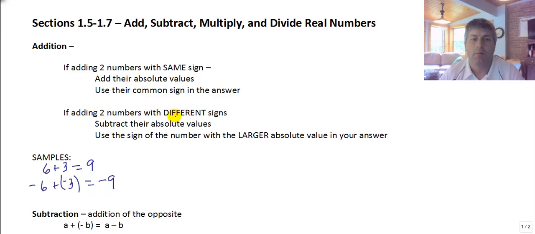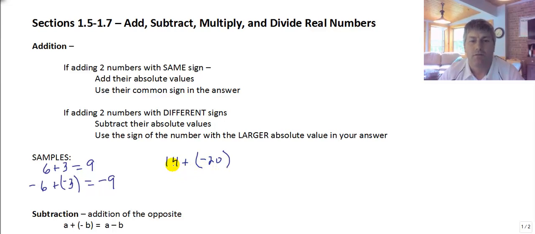If we're adding two numbers with different signs, we would subtract their absolute values. We'd use the sign of the number with the larger absolute value in your answer. So, for example, if we had 14 plus, say, a negative 20. Okay, we're adding those two numbers together.